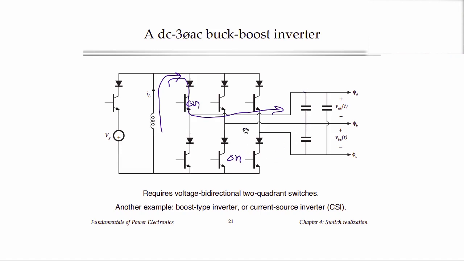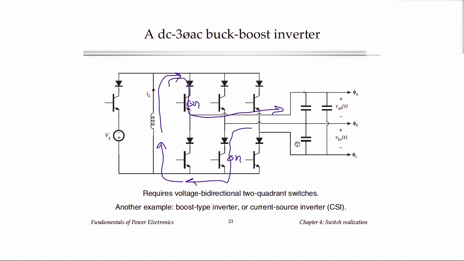It'll charge this capacitor and flow that way. By controlling the relative amounts of time that these different switches are on the output side, we can control the amount of current that we send to each of the 3 phases and synthesize output sinusoidal waveforms in that manner.